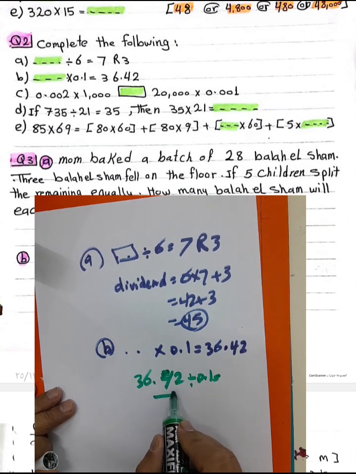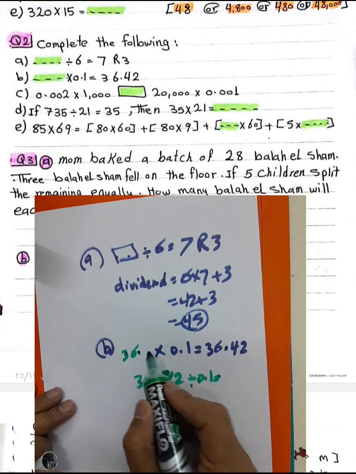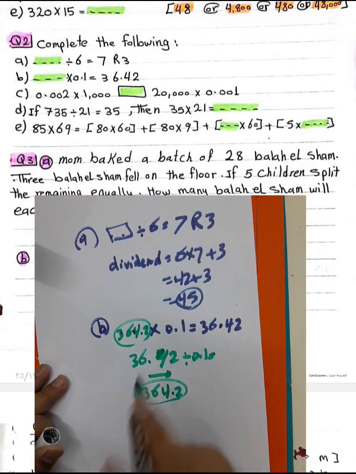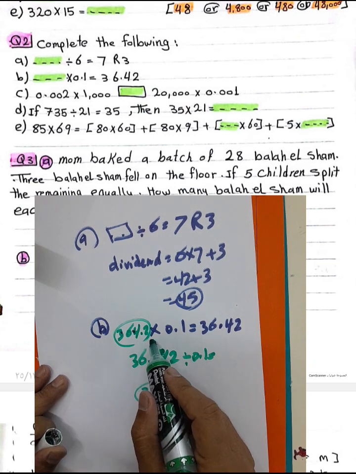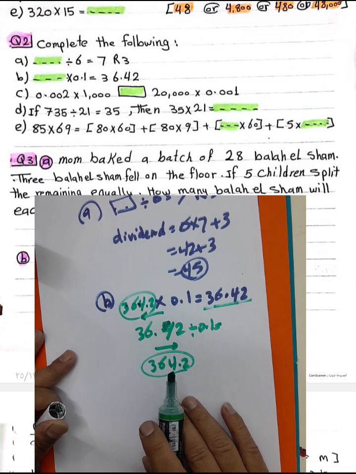You must move the point right hand side by one place, right? So 364.2. Understood? In this example, we must move the point to the left hand side by one place. The result will be 36 and 42 hundredths.